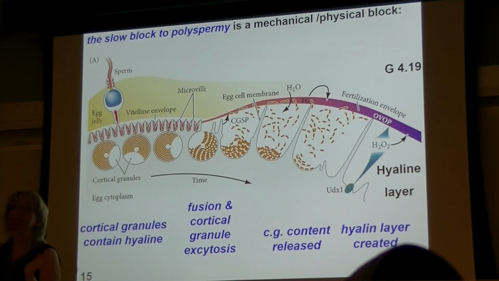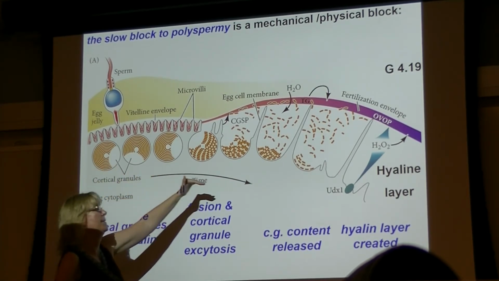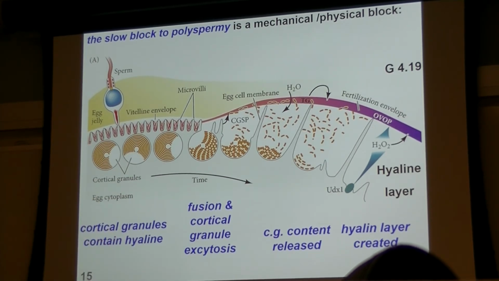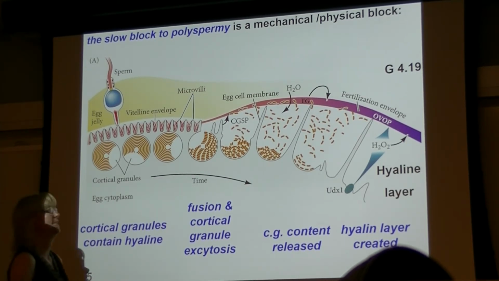But between the egg plasma membrane and the vitelline envelope. So all of that contents here shown in orange is going to be now sandwiched in between the egg plasma membrane and the vitelline envelope. And in fact, there's so much of it that this actually makes kind of a new layer to the fertilized egg at this point.